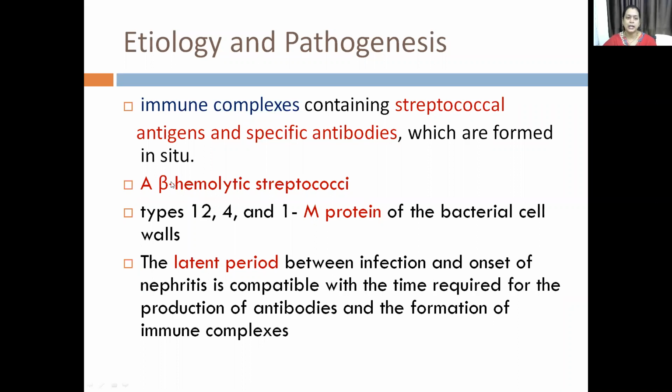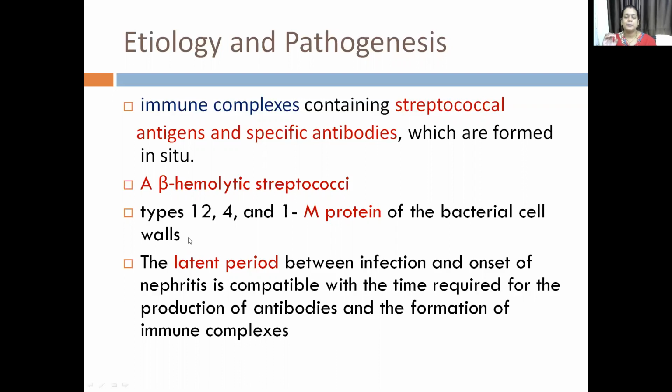That usually takes place in situ. It is usually group A beta hemolytic streptococci that is implicated in this, and the strain types are 12, 4, and 1. The M protein of the bacterial wall is the inciting factor.